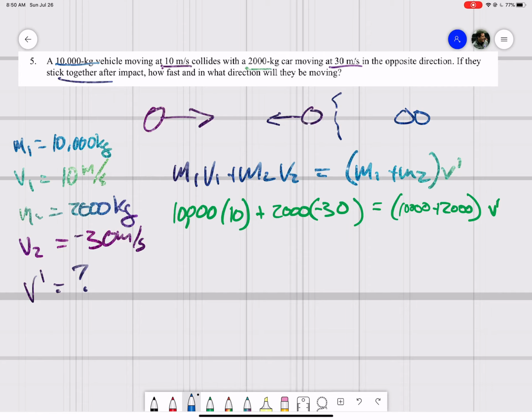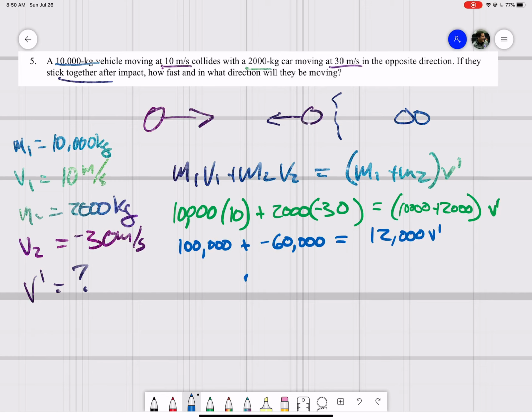We have 10 times 10,000, which will be 100,000, plus negative 30 times 2,000, which will be negative 60,000, is equal to 12,000 times V1 primed.